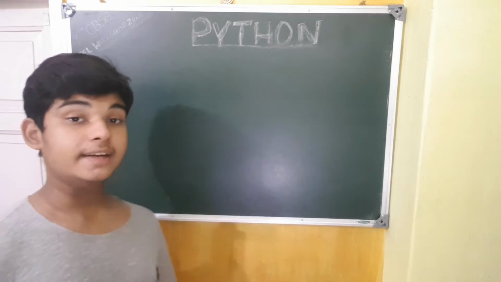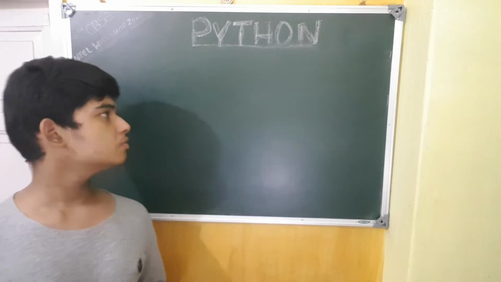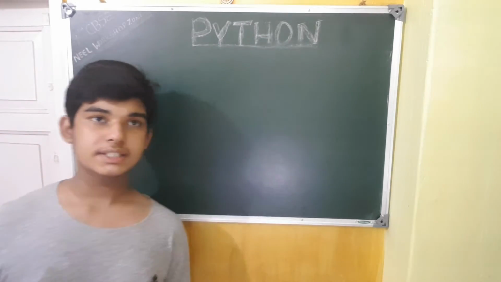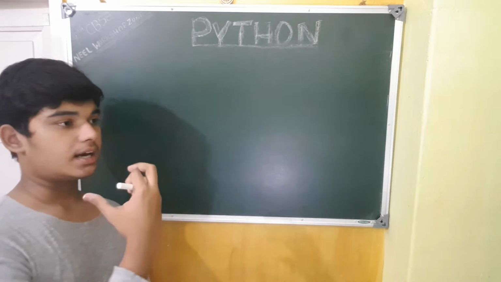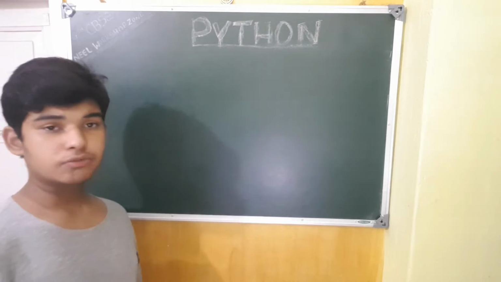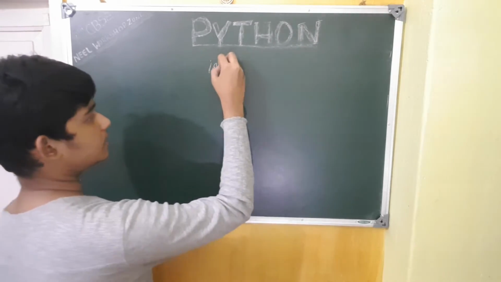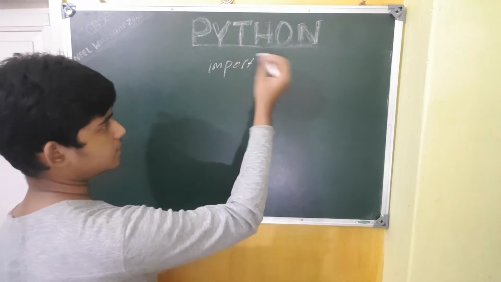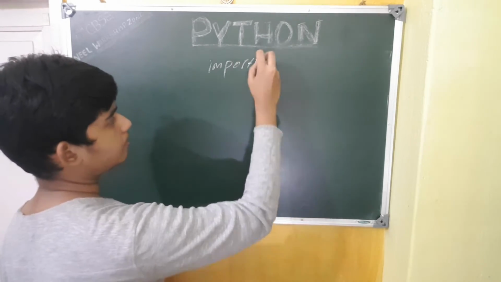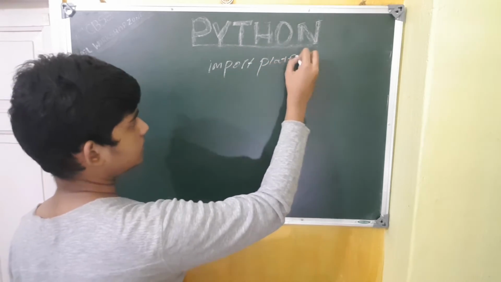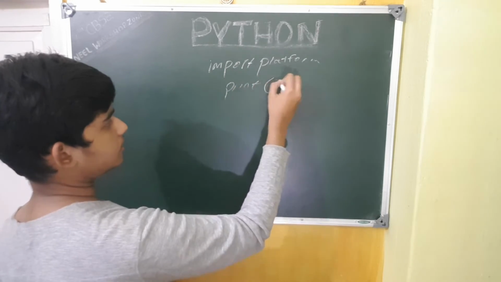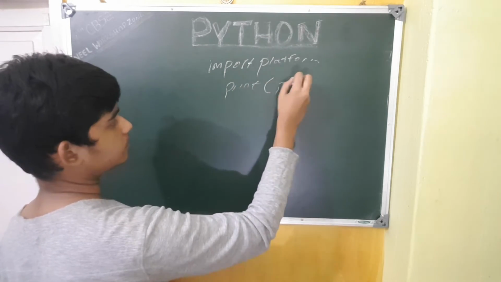Now let's talk about inbuilt modules. You create modules based on your own functions and variables, but sometimes there are inbuilt modules too. For example, there is a module called platform. If you want to know the platform of the laptop or computer that you're working on, you can write something like import platform, and let's say print platform.